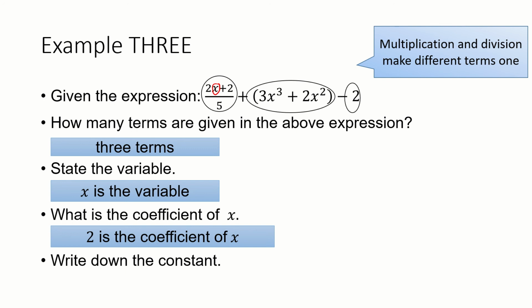And then they said, write down the constant. In all these terms, what will be our constant? Our constant will be minus 2. Please note that if I was to break something here, I was going to have a different constant. But for now, guys, our constant will be minus 2.